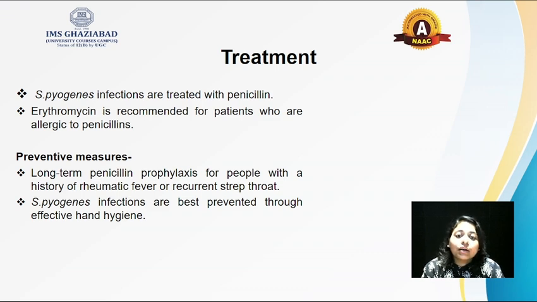Then the clinical manifestations or the diseases which it can cause, the different types of streptococci species, and the laboratory diagnoses which can be done to identify which type of strain is causing the particular infection. And the last one is the treatment.